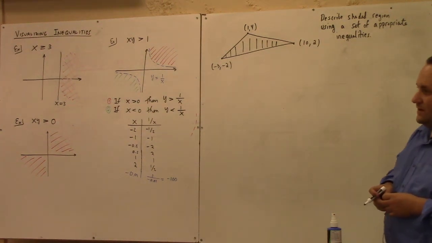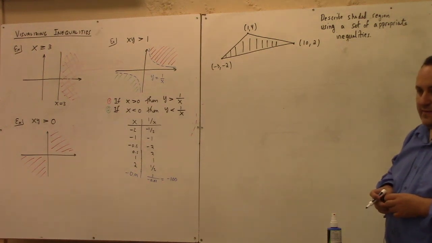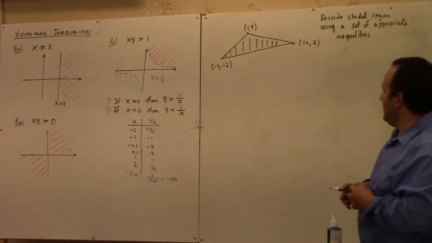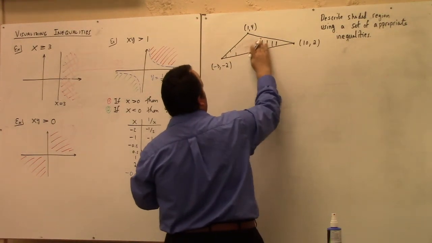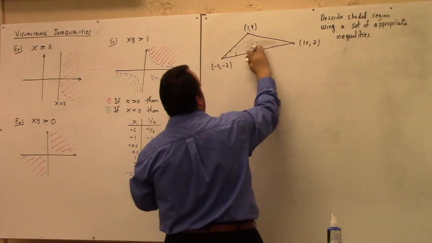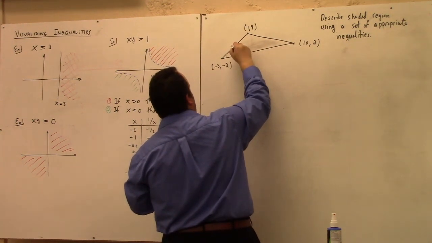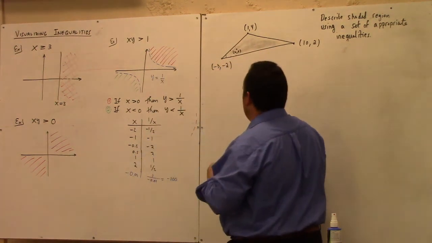Now, I think we might have to break this into 2 pieces if my picture is right. Let me explain why I think that. If I pick a point, so now let me undo my shading because it's kind of annoying. But if I pick this point, say (x, y) like that, sorry, it's so tiny.